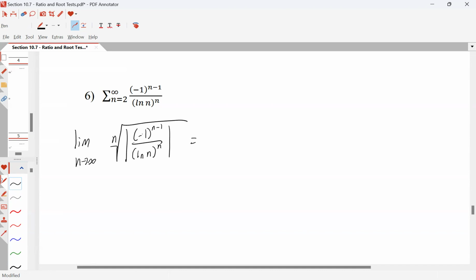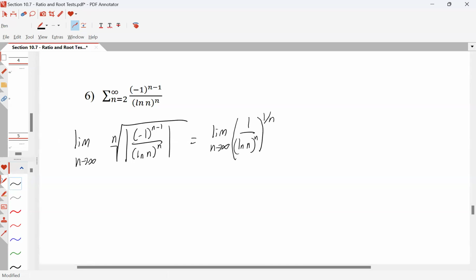So first, we can use the absolute value to get rid of the (-1) to the n minus 1. And look at instead, since the natural log of n as n goes to infinity is going to be positive, positive over positive, this is going to be the limit of 1 over (the natural log of n) to the n, all to the nth root.